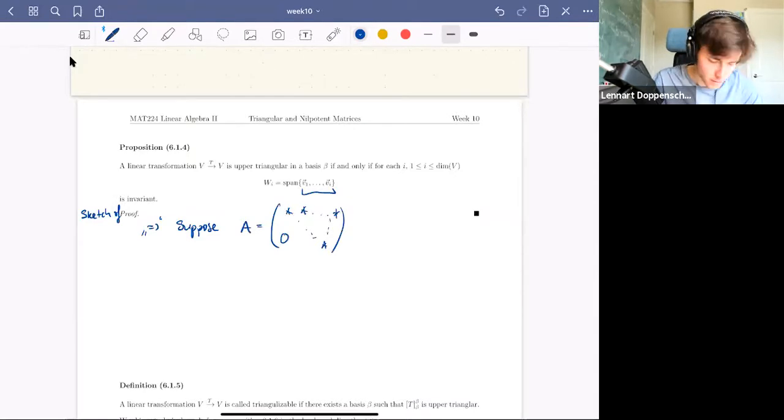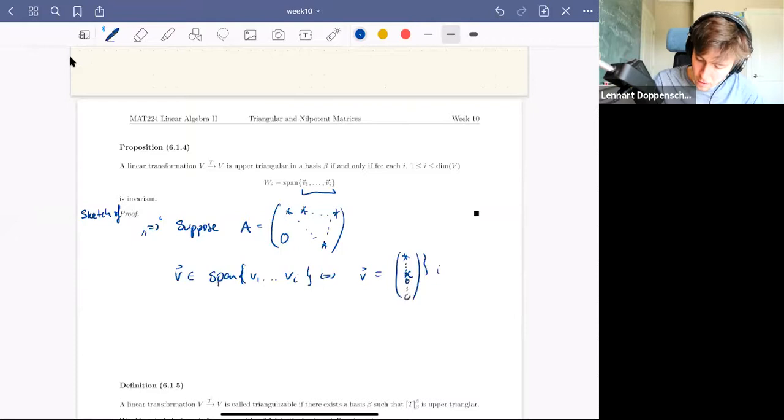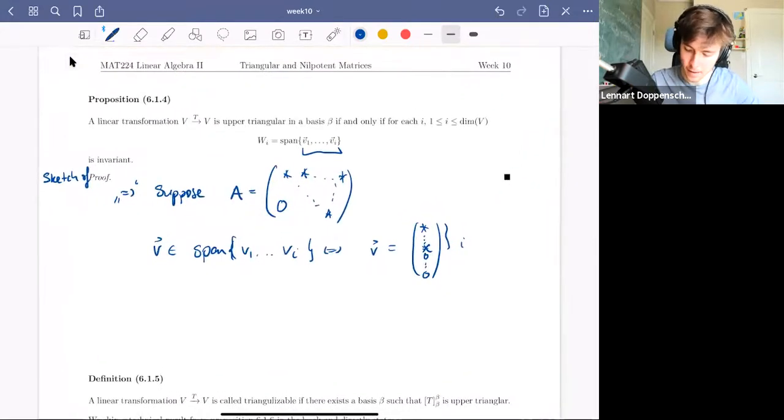Then a vector V is in the span of the first V1 to VI is equivalent with V has something on the first I entries and then zero below. And now this is just a generalization of what we observed in this discussion. And this is nice. This is the idea that if you do something 3 by 3 and you understand it, in that case, you can just generalize it to any length.